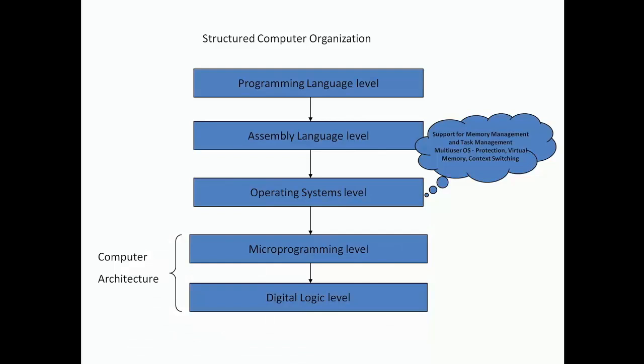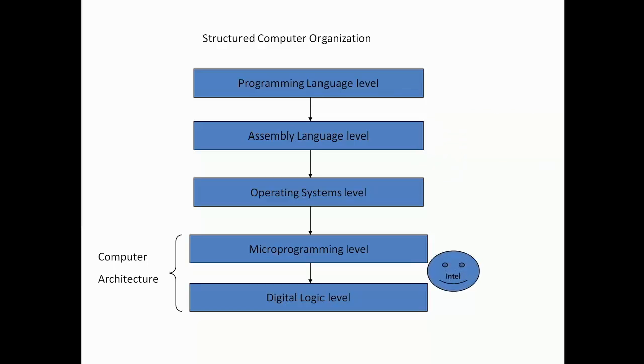And then the operating system will also ask for a lot of things, like support for memory management, support for task management, specifically in a multi-user operating system where more than one person logs into the same system. It will ask for protection, virtual memory, context switching, so many things, right. So what will Intel, ARM, AMD do?